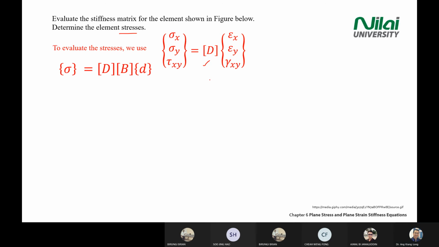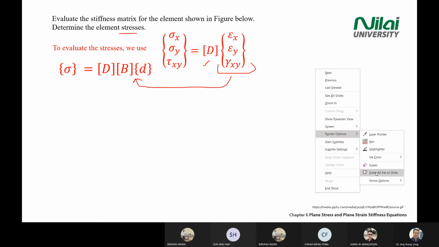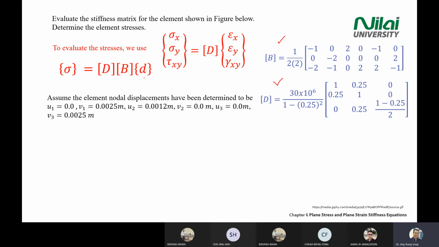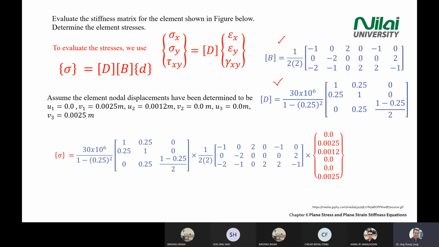So you can write in this form: this one equals BD. B we already found, D we already found. Displacement was given in the question, U1 until V3 was given. So basically, you just substitute the values into the matrix.